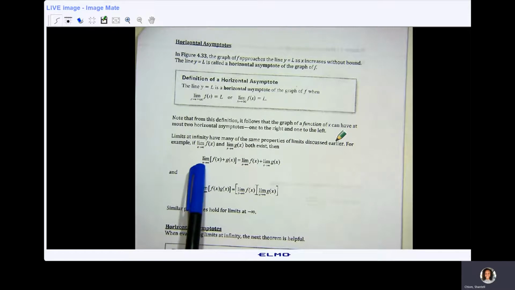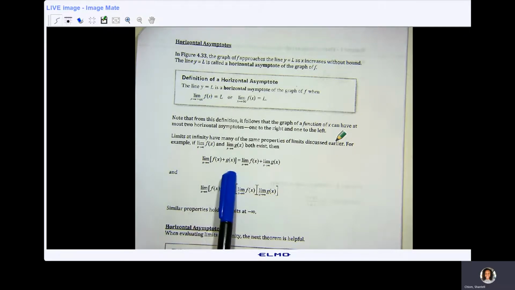Okay, we got a couple of properties also that apply as they did before, so they still apply even when you're dealing with limits at infinity. If you have the limit of a sum of two functions, then you can basically separate them apart, give them their own limits individually, and evaluate each.